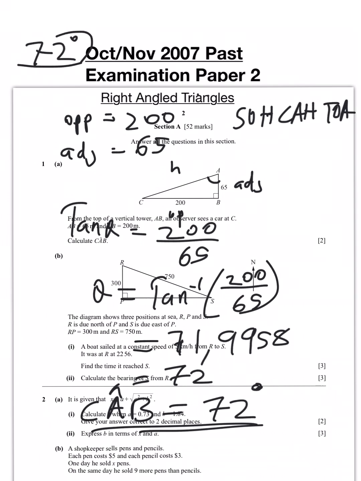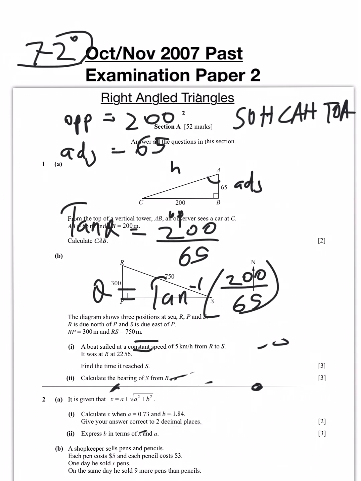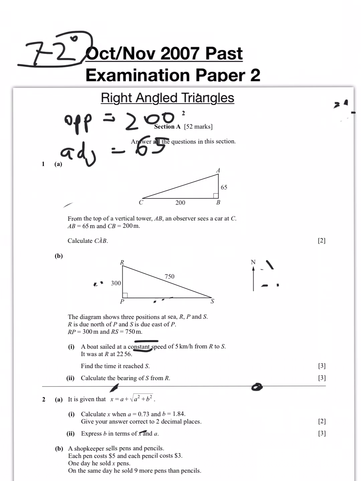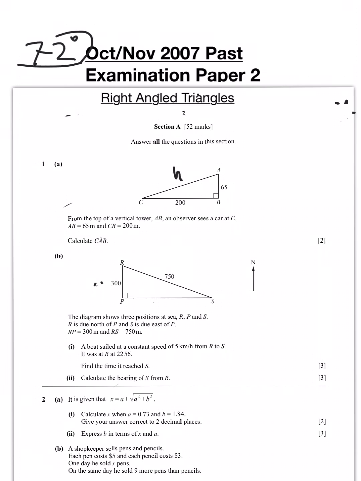Remember it there. Let me erase this. Let's look at another way of dealing with it. We are given two sides. Let's try to find the hypotenuse, this missing side.